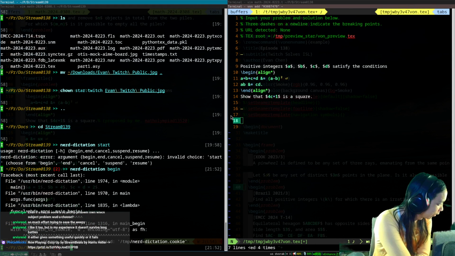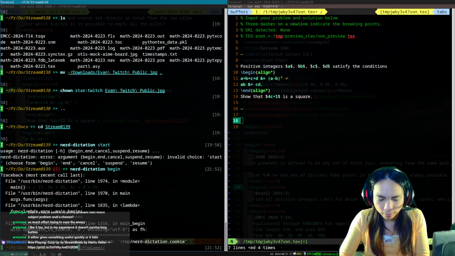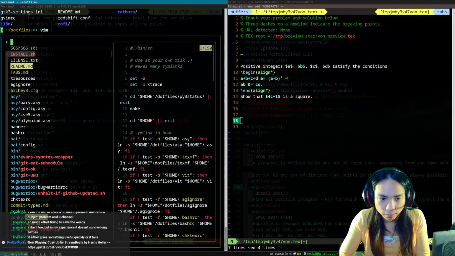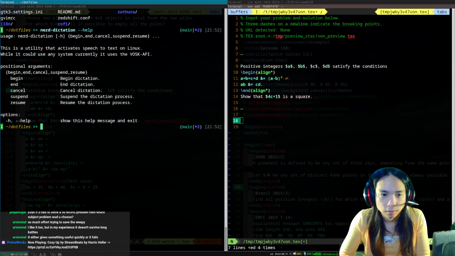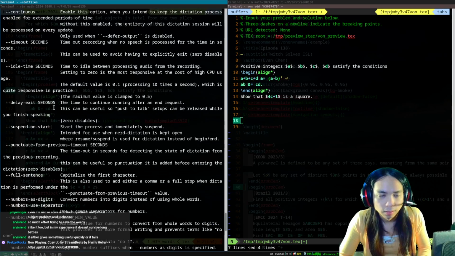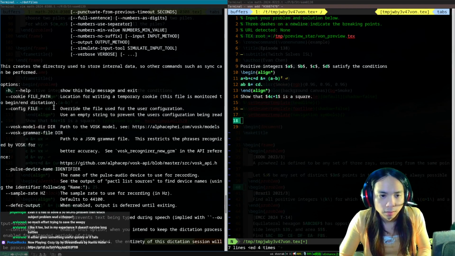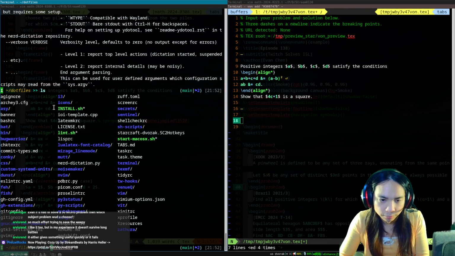Yeah, I set up a dictation thing on my box a little while ago, so I wanted to see if I could get it to work. But actually, I think I know what the issue is. Let's see. This assumes it's a one-user system.